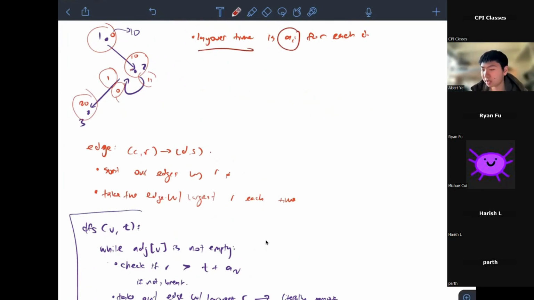This essentially means that we're going at the latest time we can, and then moving forward. Say we have a bunch of edges in our graph that all radiate from a certain node, then the one with the largest R is going to be the one that we leave the latest, and our answer is supposed to be, I think, the earliest time that Bessie can get to airport I.